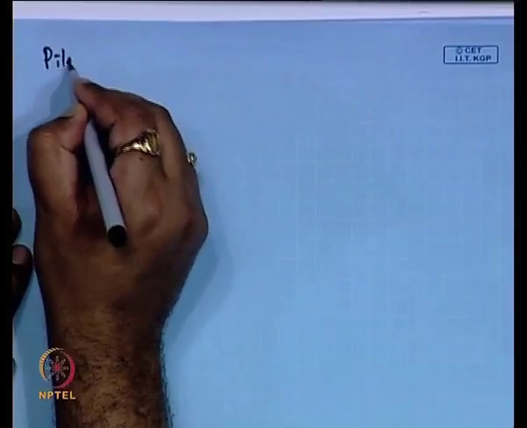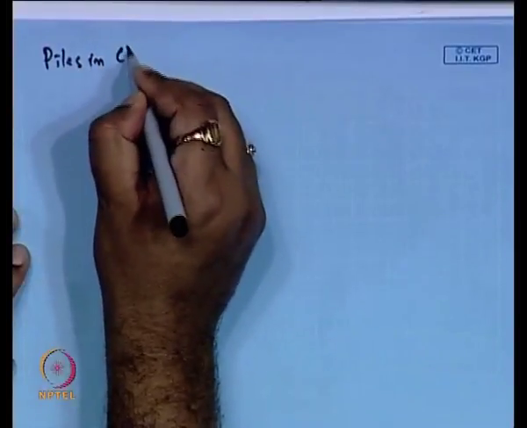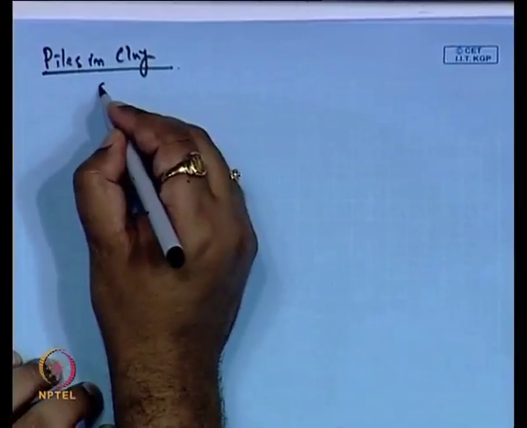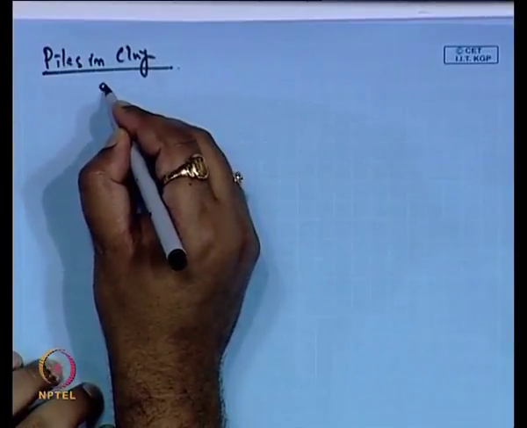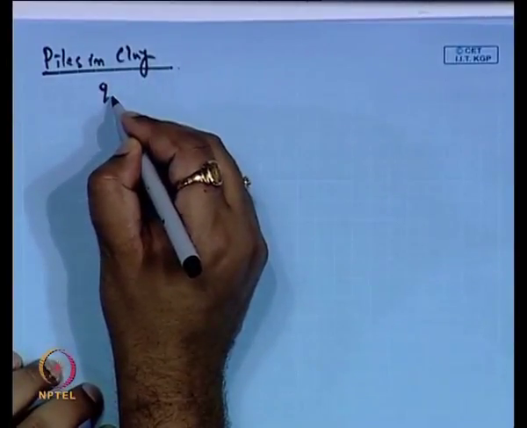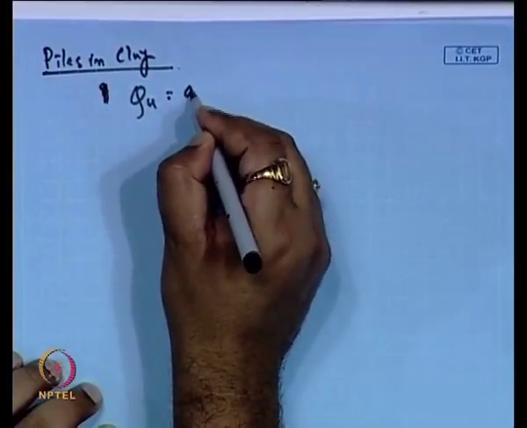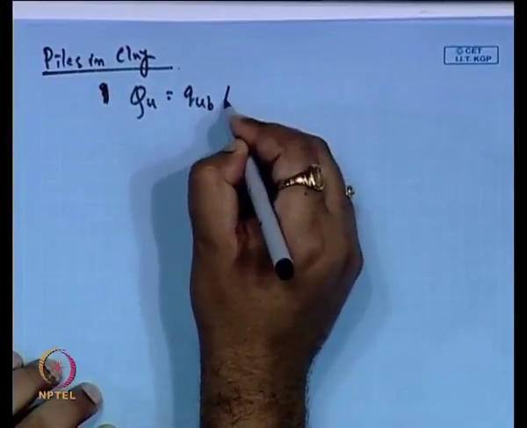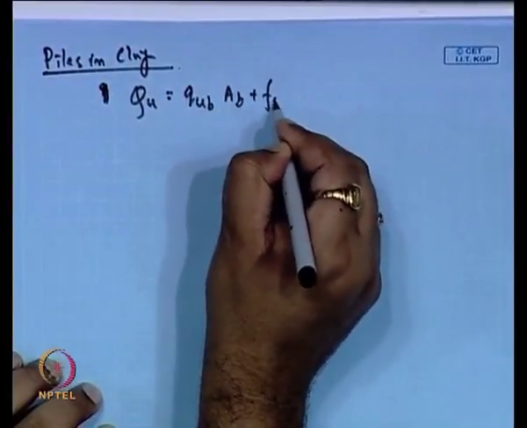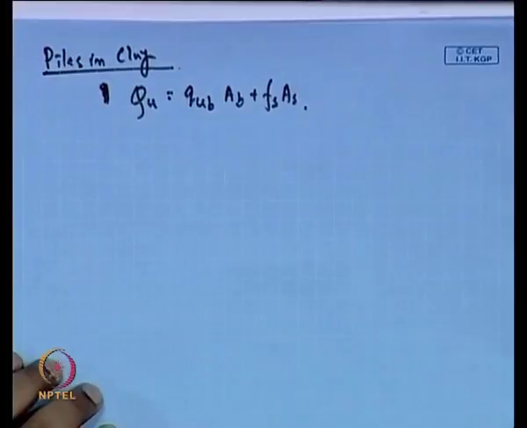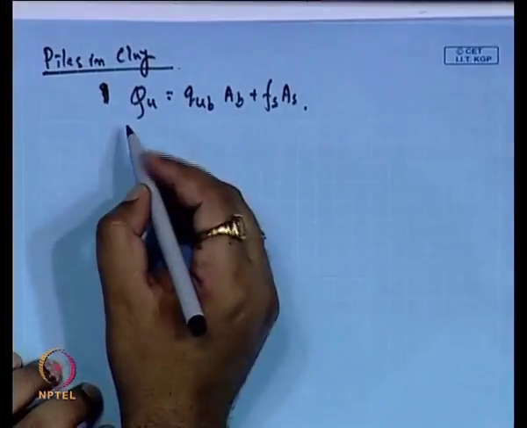Now, the next one is piles in clay. For a pile in clay, the total ultimate load Q is again Qub into Ab plus Fs into As, same as before.